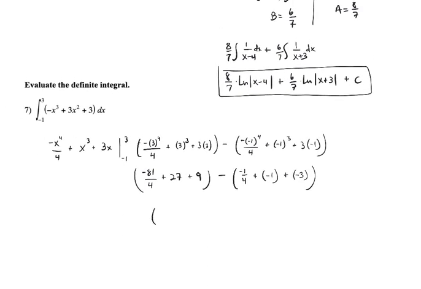So this turns into 63 fourths, and the other one turns into negative 17 fourths. If we add those together, or subtract in this case, we're going to get 80 over 4, which is 20.